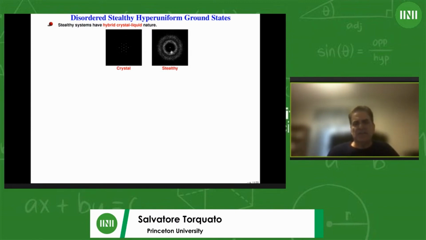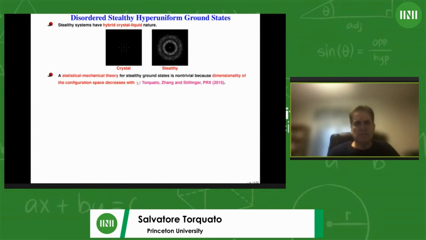Now, if I had shown you this disordered pattern up to that cutoff, you would have thought it was a crystal, because I'm only showing you up to here. But in fact, beyond this cutoff, it's diffuse, okay? So this is what I mean by this hybrid crystal liquid nature.